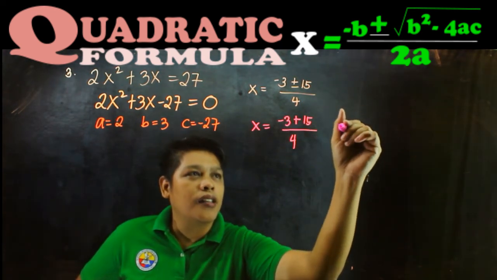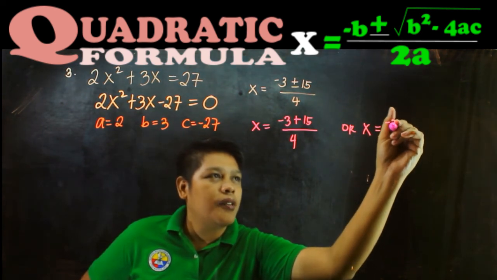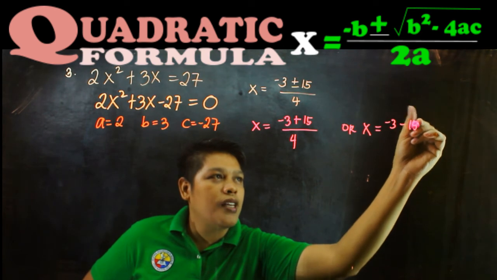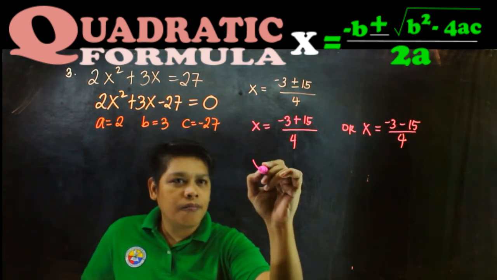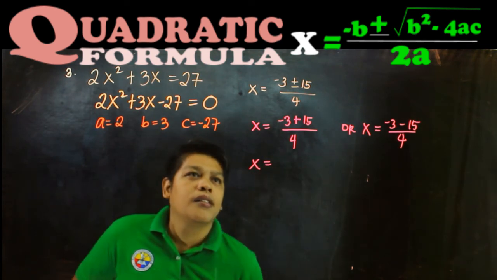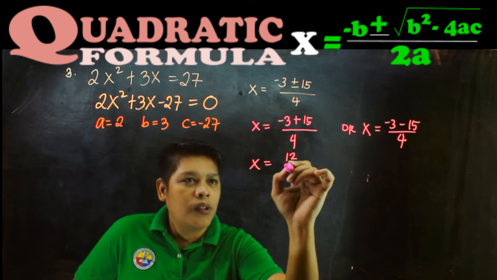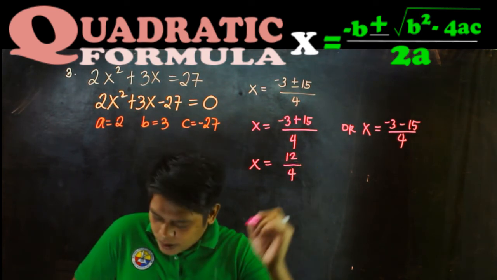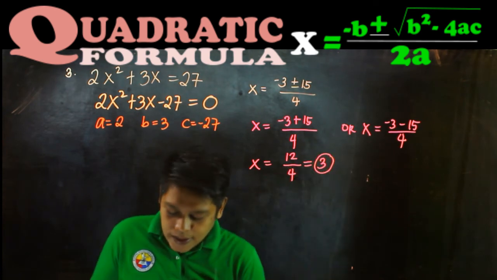So, ito ay yung ating or x equals negative 3 minus 15 over 4. So, x equals negative 3 plus 15 is 12 over 4, or ito ay 12 over 4 is 3, no?